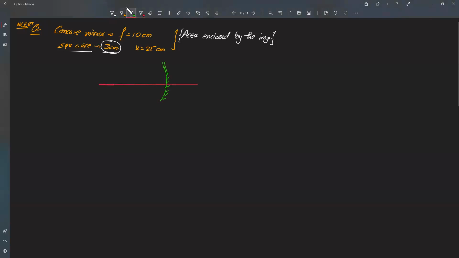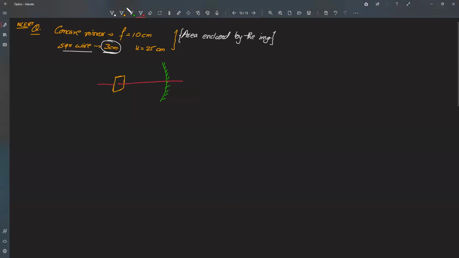All the sides will have the same. See, this is the square. Do you think there will be different magnification for different sides? It should be the same.